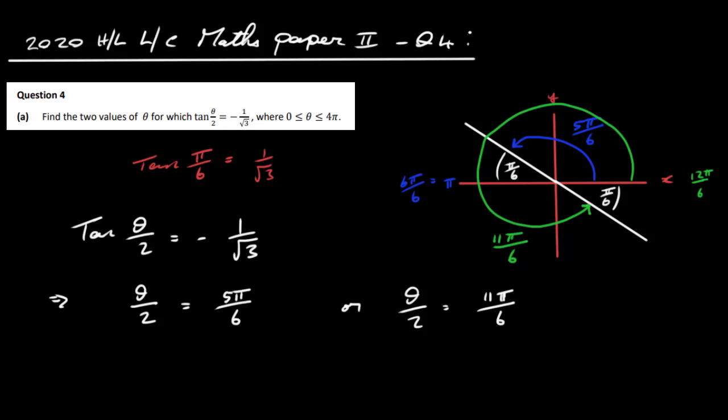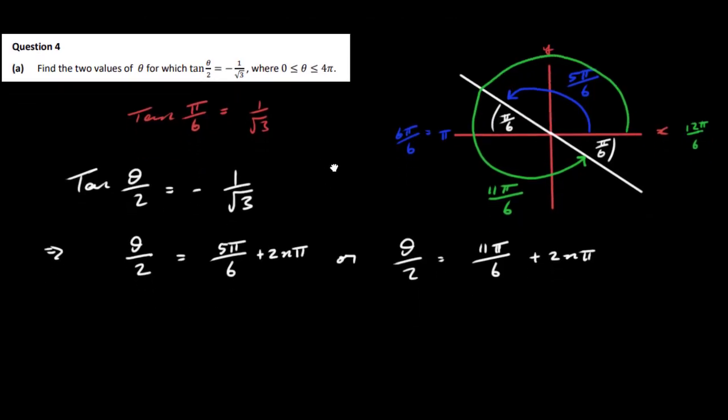Now, because we're going to be looking at angles bigger than 2 pi, we're going to add in 2n pi here and 2n pi here. Okay, so let's just see if we can work out theta from this.